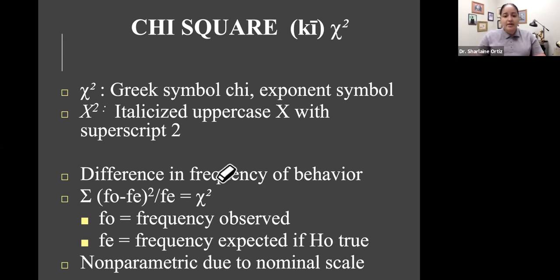Now, think about the chi-square in the sense that we are trying to identify differences in frequency. I'm trying to find out if there are these differences in frequency. Now, the formula for the chi-square reads as follows.